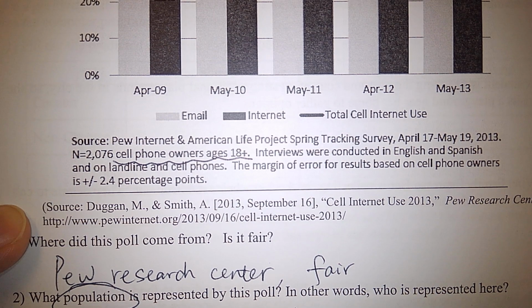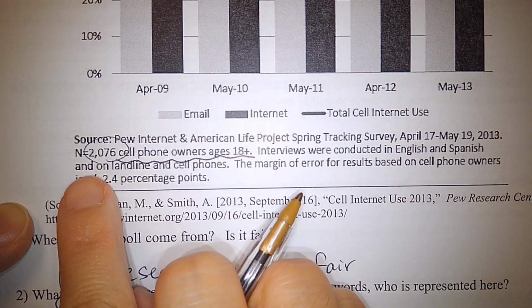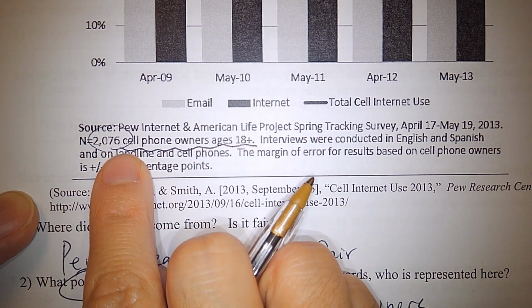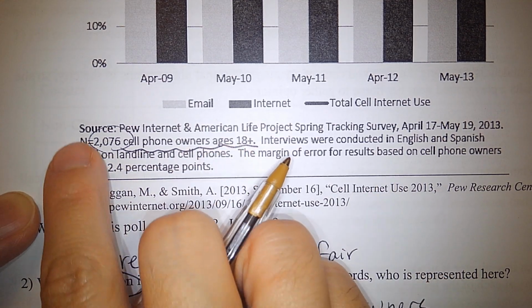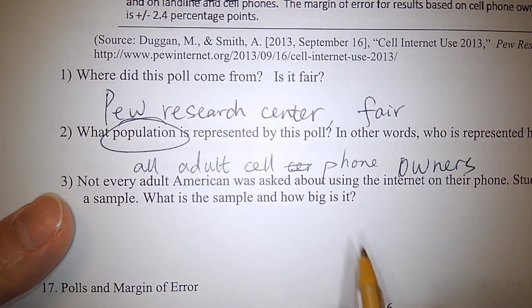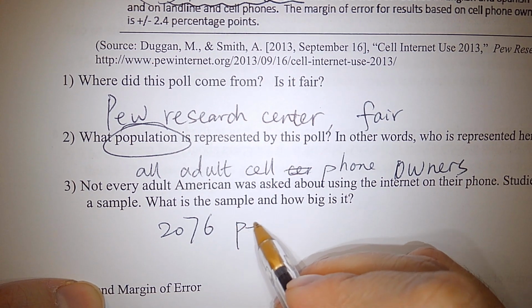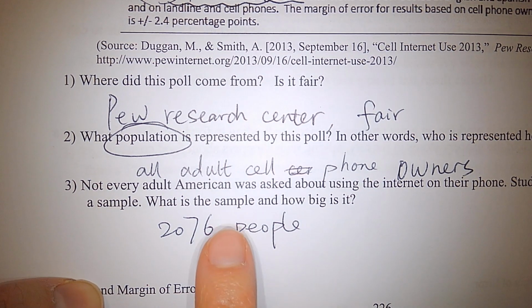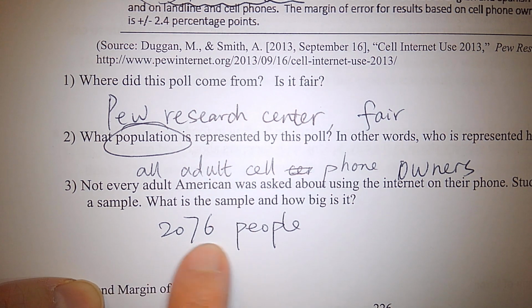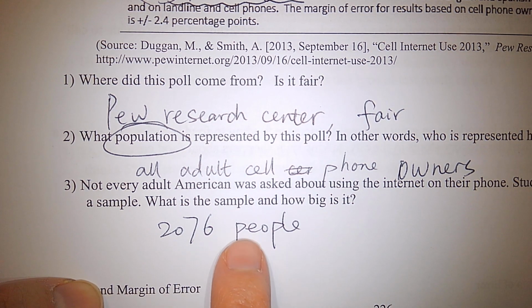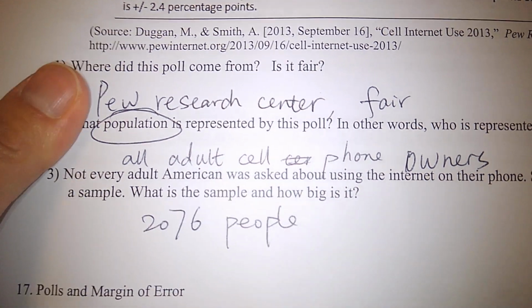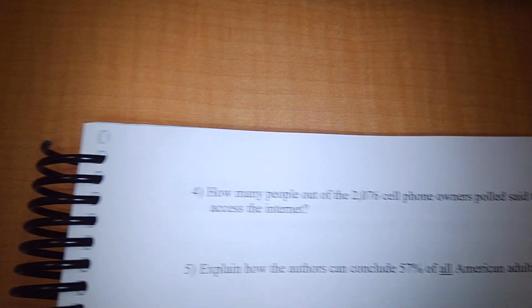So we're going to choose a sample of 2,076 adult cell phone owners as our sample size. So I would say 2,076 people. This is how many people are in the sample. You guys, for the first 3 questions? All right, so let's answer more questions.